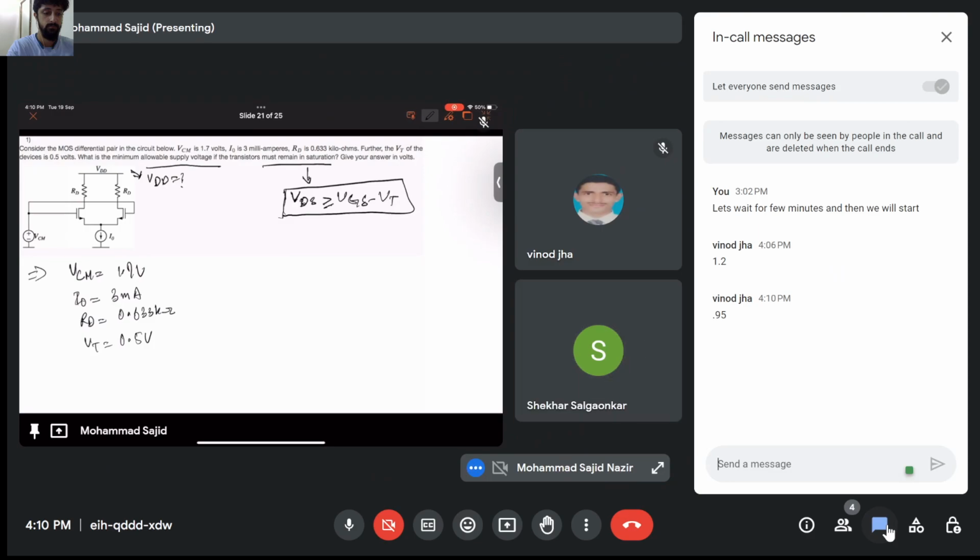No, not 0.5. You just give me the answer. You told me for the minimum condition VDS earlier, it has to be minimum 1.2. Now, if VDD is 0.95, how can you achieve VDS of 1.2? Because this is the supply voltage, this has to be larger than 1.2. So 0.95 is not correct.